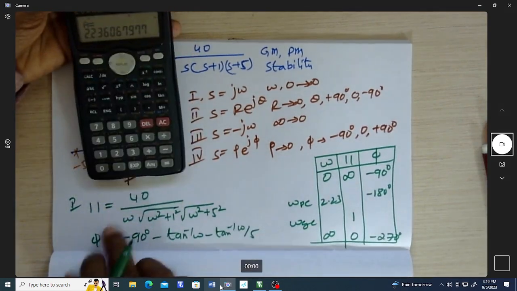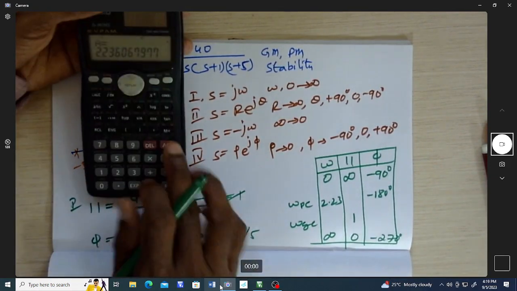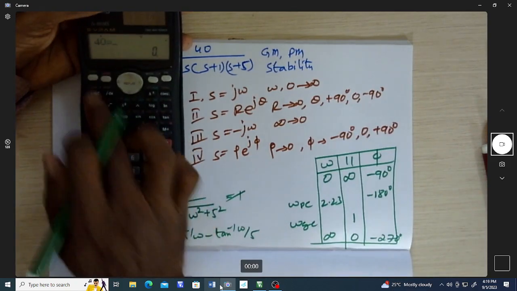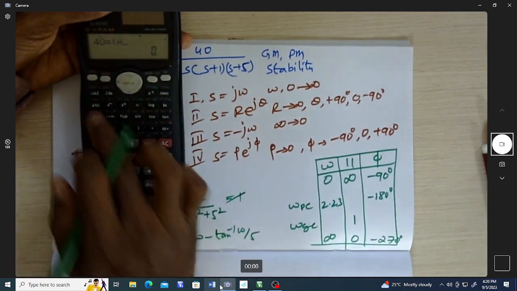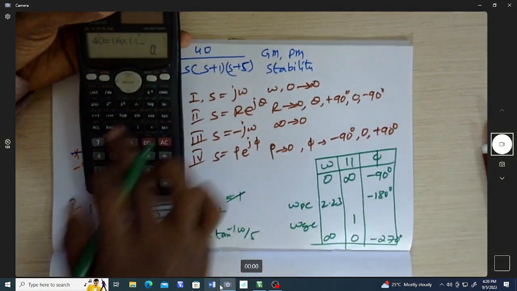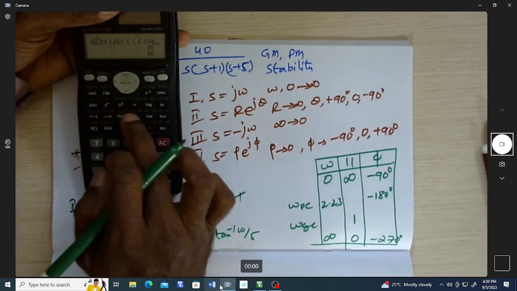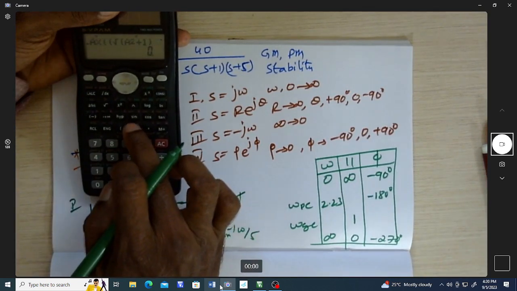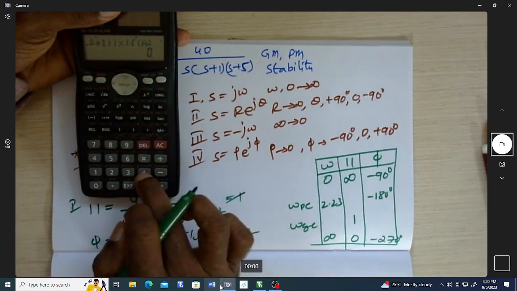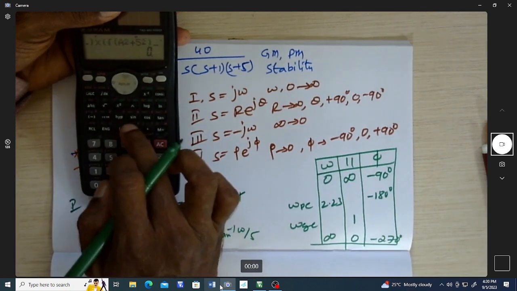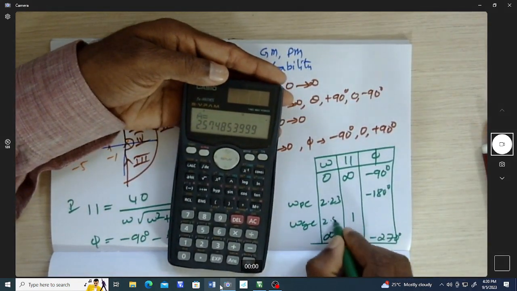Let us also find omega GC by equating the magnitude to 1. So 40 equals omega times the square root of omega square plus 1 times the square root of omega square plus 5 square. Solving it, we get 2.57.